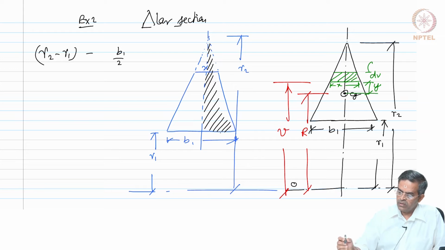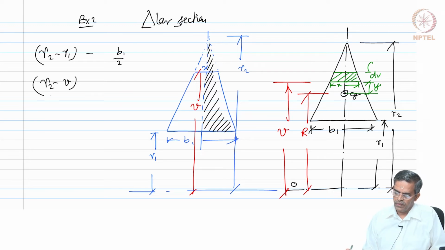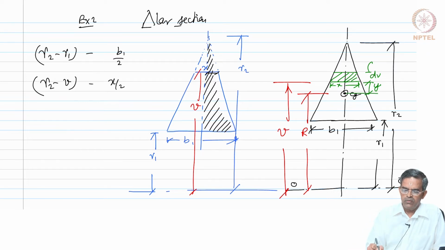Now, we know that this strip is at V. So, therefore, for R2 minus V, this value will be x by 2.